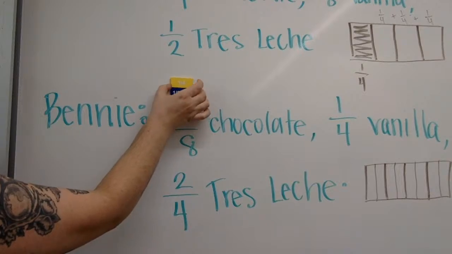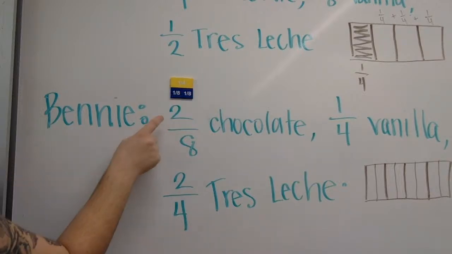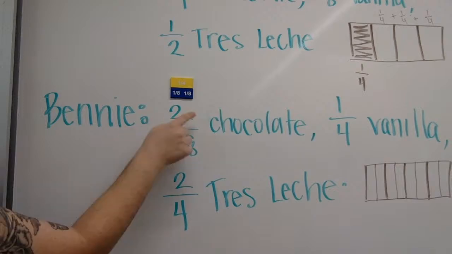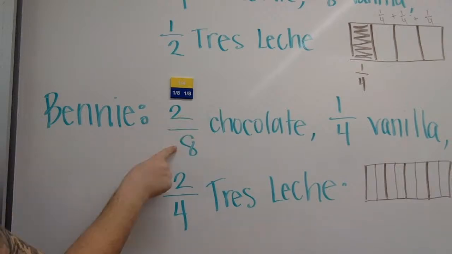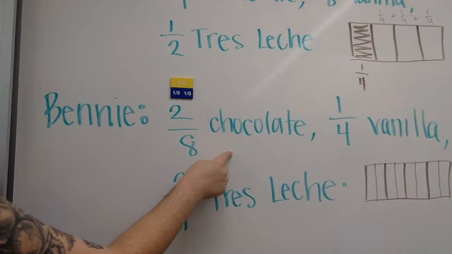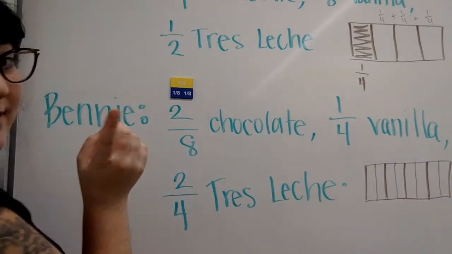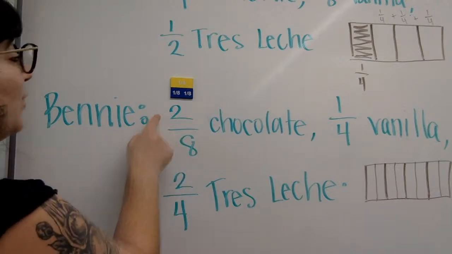I know this because I can divide 2/8 by 2/2. And that'll give me, what's 2 divided by 2? 1. What's 8 divided by 2? Oh, I think I heard someone say 4. Yep, that's right, 4. Now, that means 1/4.